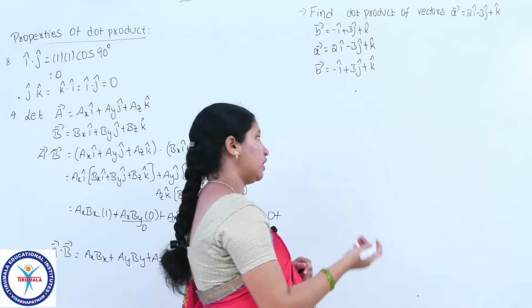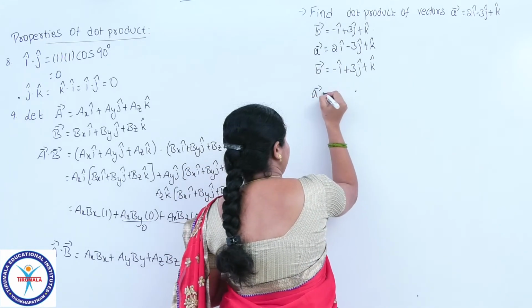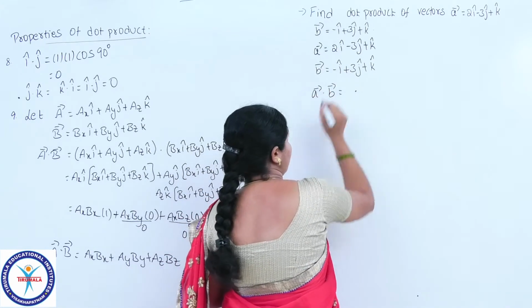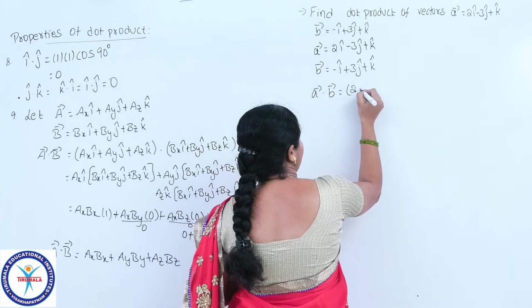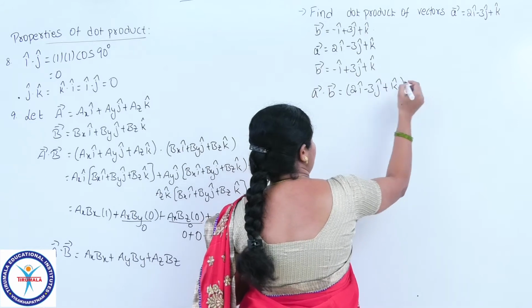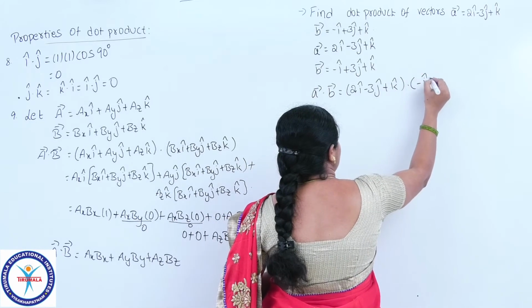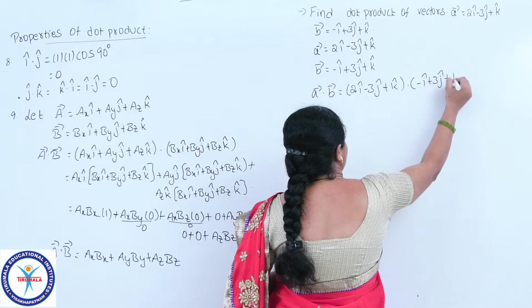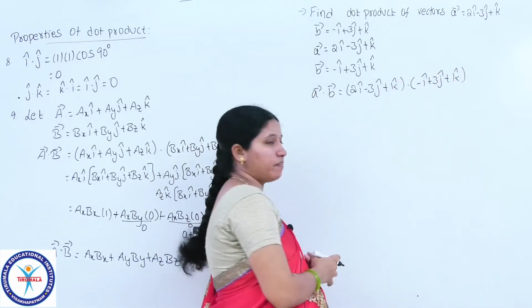So, let us find out the dot product. A bar dot B bar is equal to, what is the vector A bar? 2i cap minus 3j cap plus k cap dot minus i cap plus 3j cap plus k cap.